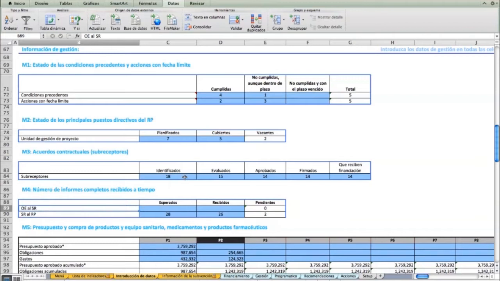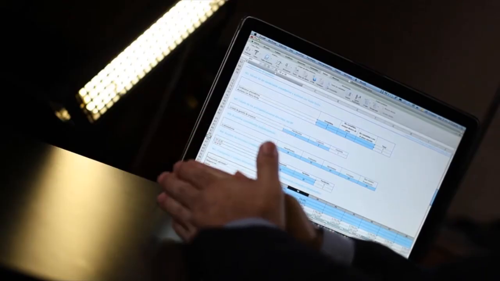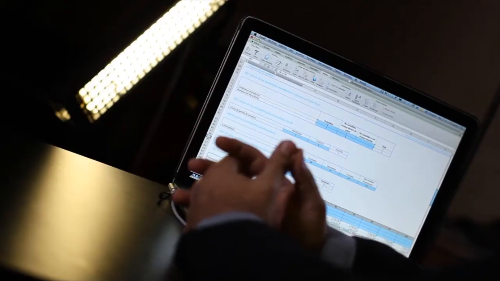The fourth indicator tells us the number of reports that have been finished and sent on time by the sub-recipients to the principal recipient. The principal recipient established deadlines for the sub-recipients to send the financial and programmatic reports to the principal recipient, who makes sure to integrate these and make its final report to be sent to the Global Fund.